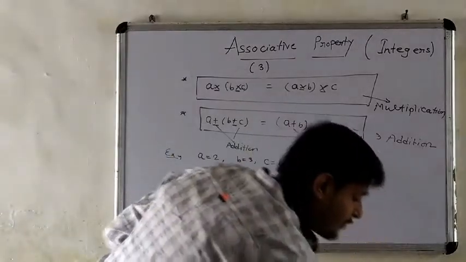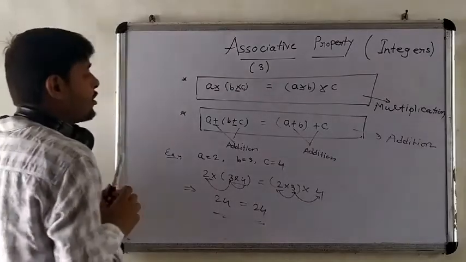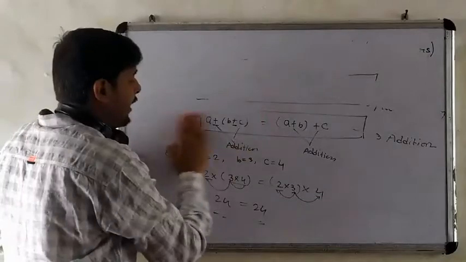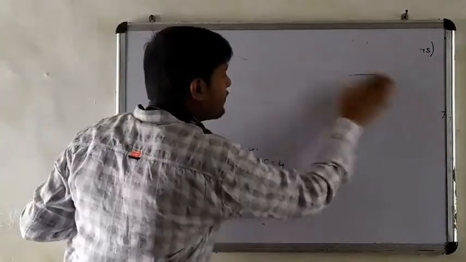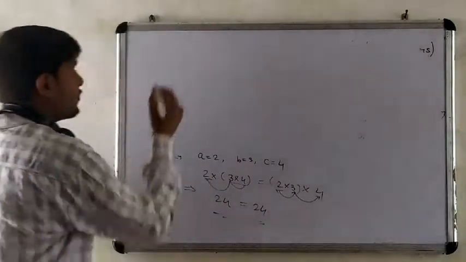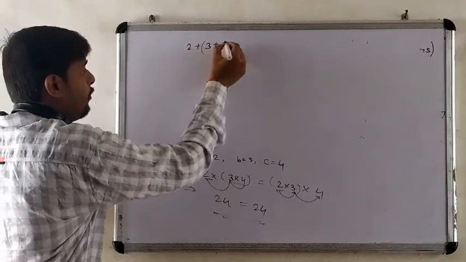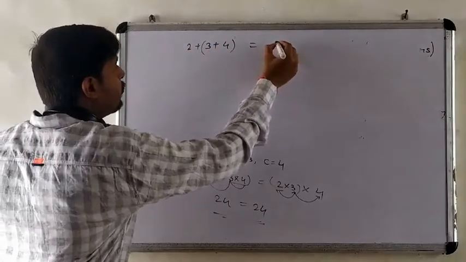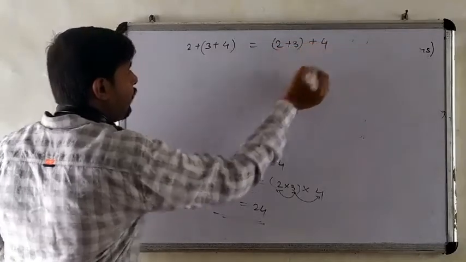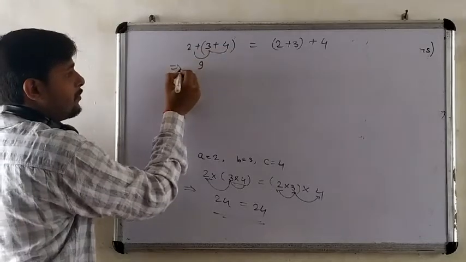Let us take some more examples over associative property for addition. 2 plus 3 plus 4 is equal to 2 plus 3 plus 4. 4 plus 3 is 7, 7 plus 2 is 9.